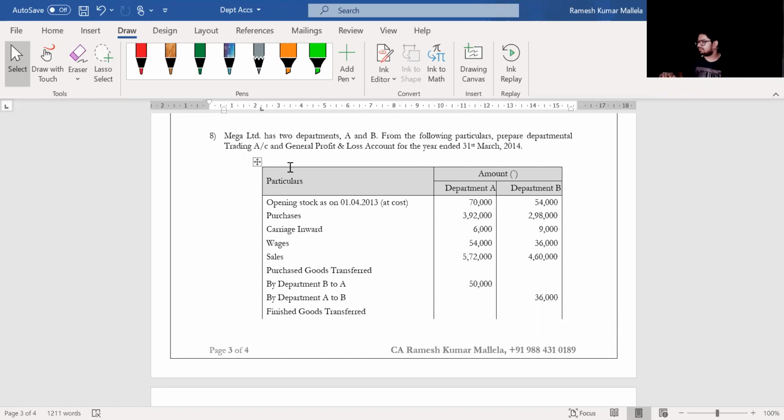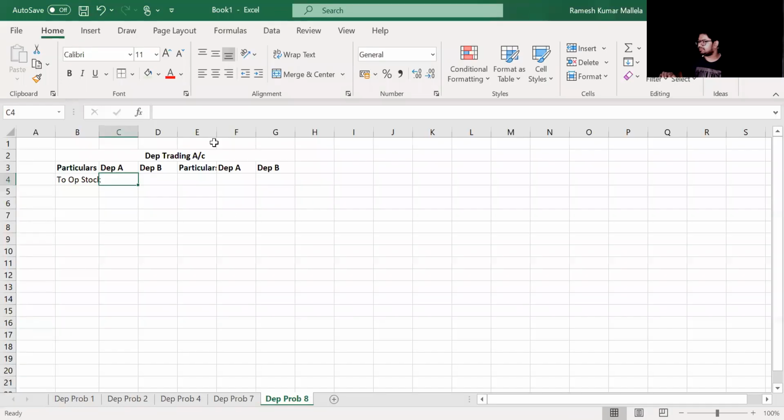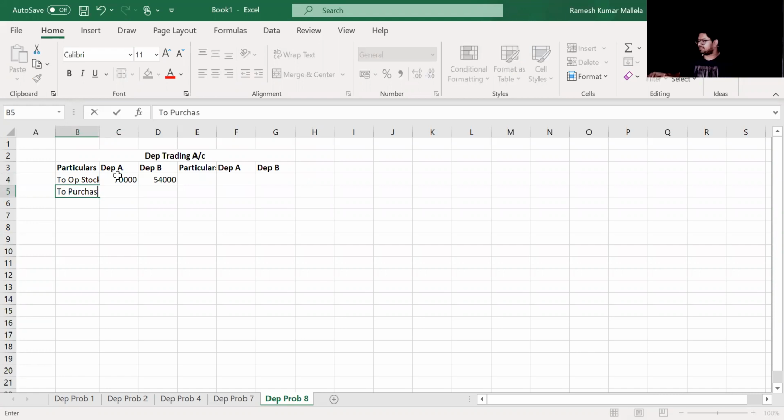So opening stock is 70,000 and 54,000. Okay. To purchases, he has mentioned that there are some purchases. Purchase, if you see, 3,92,000 and 2,98,000.